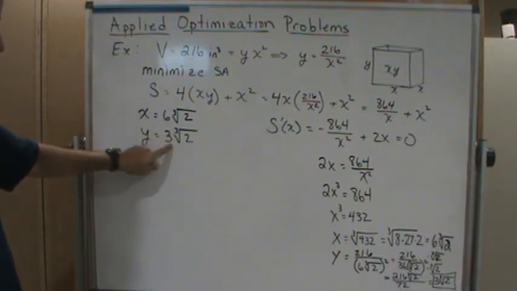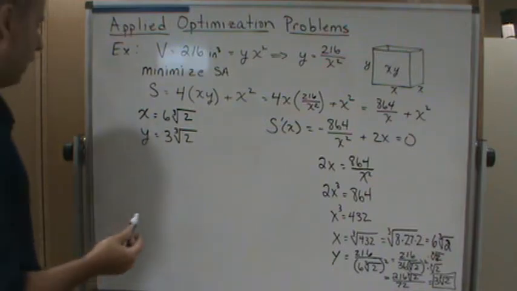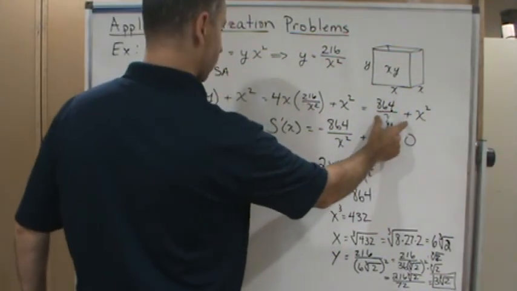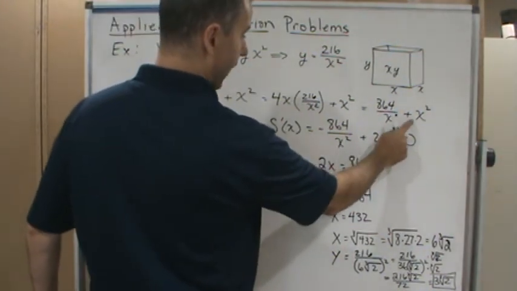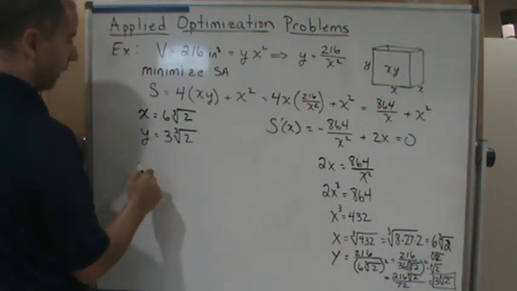So this is going to be the corresponding y dimension, or height of the box in this case. And so now we found the two dimensions. So now let's find the surface area. If we plug this in, in fact, we can just plug x into here and we have it. So I don't even need y.